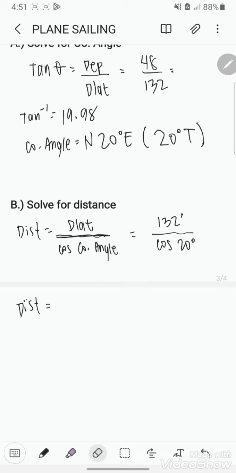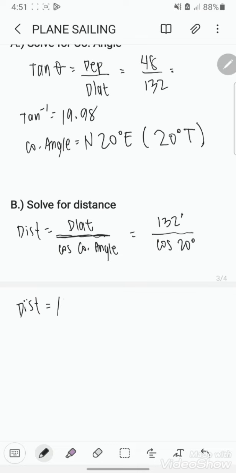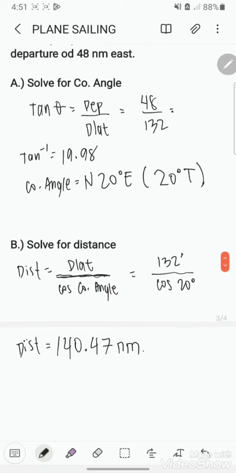We come up with 140.47 nautical miles. So that is how to get the distance in plain sailing.